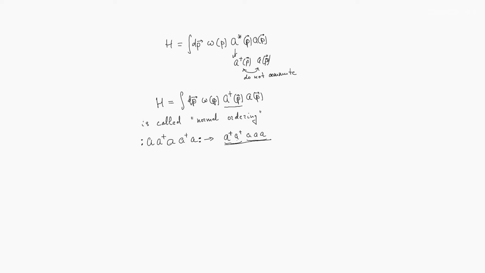So if you have a set of fields, say phi 1 of x1 and so on, phi n of xn, and you would like to normal order their product, that would mean that in the resulting expression, you first of all write all the fields in terms of creation annihilation operators, and then you put all creation operators to the left from all annihilation operators.